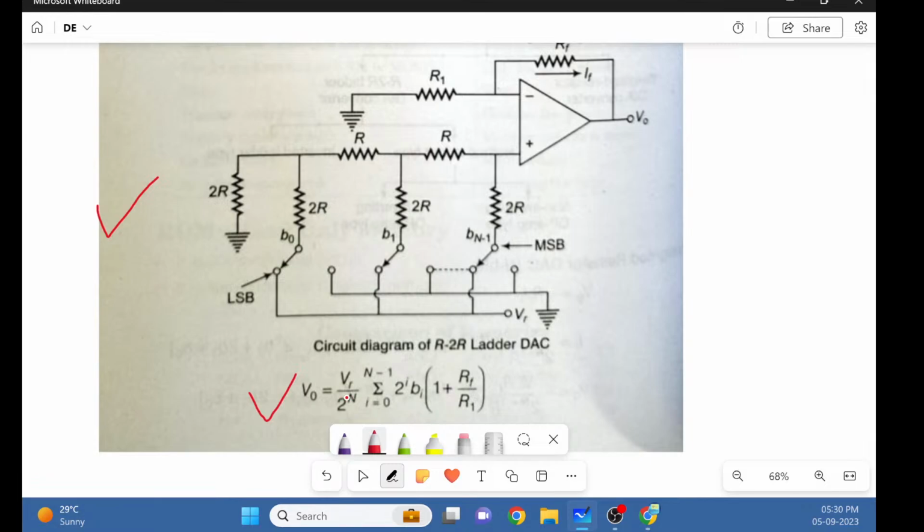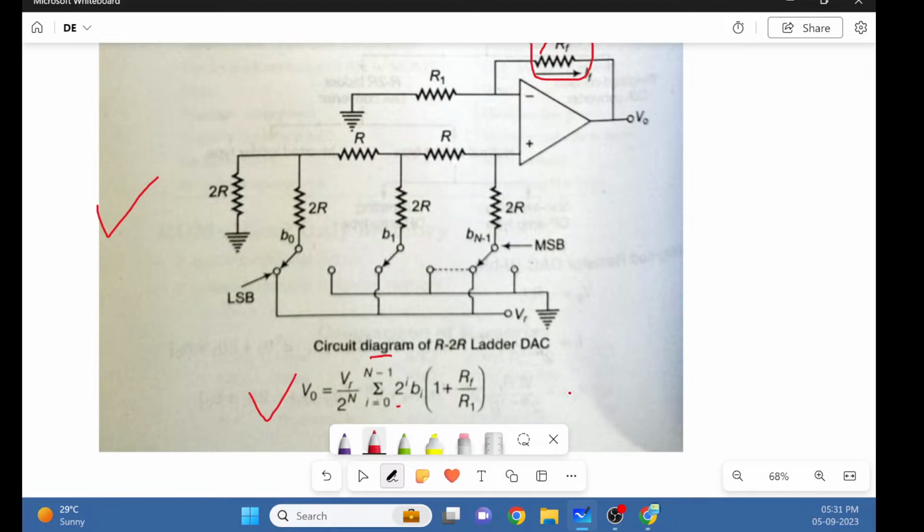V0, or V output, is nothing but VR upon 2 raised to n, summation of i equal to 0 to n minus 1, 2 raised to i, b suffix i, where b is the bit, into bracket 1 plus RF upon RI. RF is nothing but the feedback resistor over here at the top, connected to the op-amp.